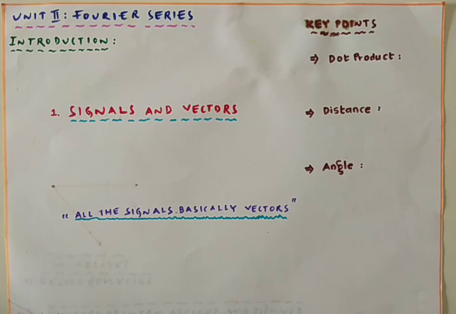Trigonometric functions, we know, are sine theta, cos theta, tan theta, cot theta. All these are called trigonometric functions. Fourier series is an infinite sum of trigonometric functions that are used to model real valued or periodic functions or periodic signals.